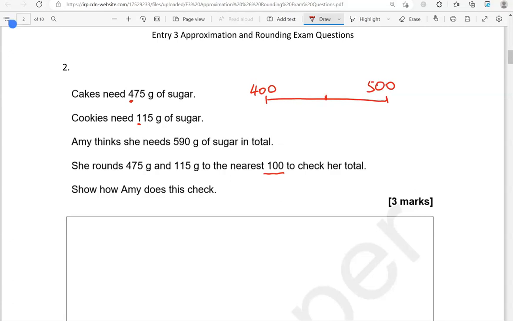So this would be 450, 475 would be around here. So that is very close to the 500. That's why we're going to round it to 500.